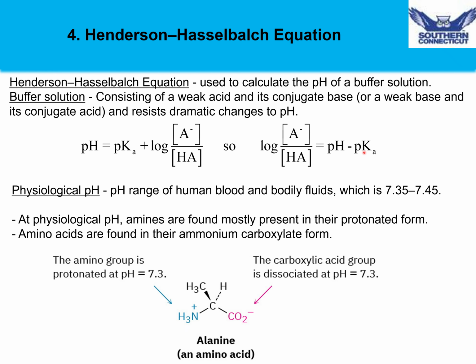At physiological pH, most amines will typically be protonated, and an amino acid will be found in the ammonium carboxylate form. As an example, alanine, which is shown here, the nitrogen or the amino group is protonated and the carboxylate group is deprotonated. So we have a carboxylate and an ammonium form for the amino acid.